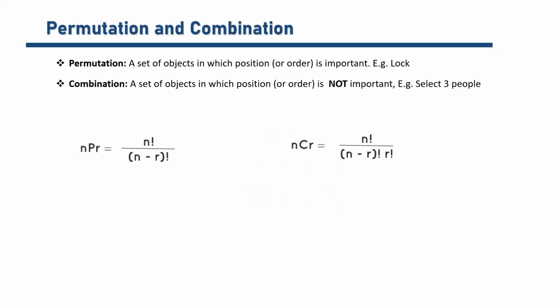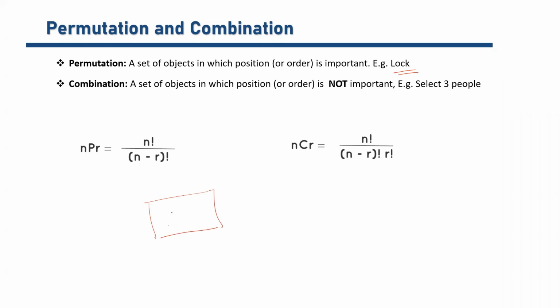Okay. Now coming to the formula of permutation and combination. To understand the difference between permutation and combination, we have to understand that permutation is when the order is important, right? And combination is where the order or position is not important, right? Say for example, the example of a lock. Say you have a suitcase, right?